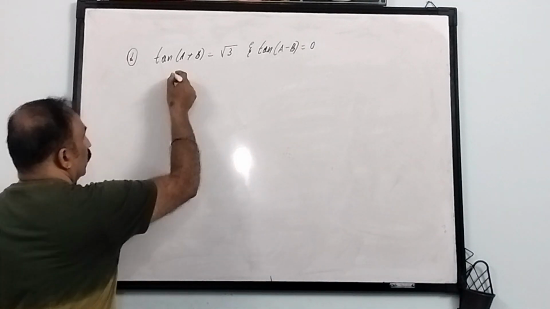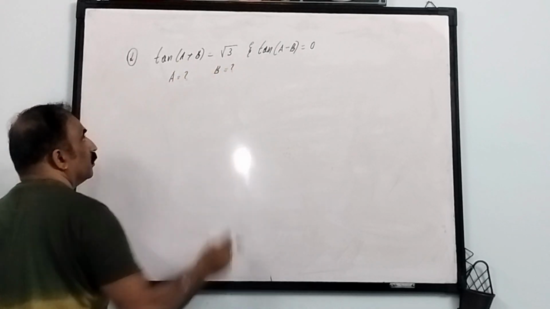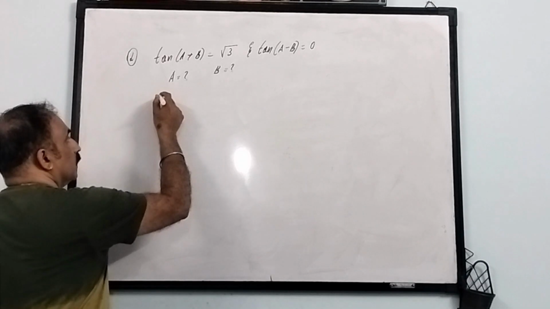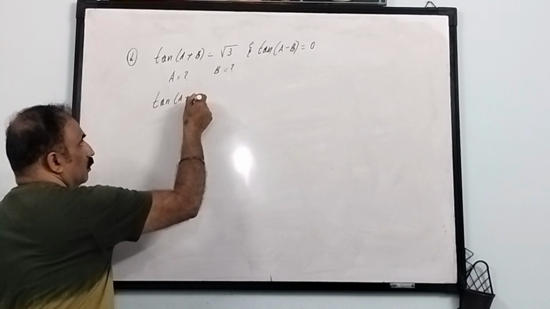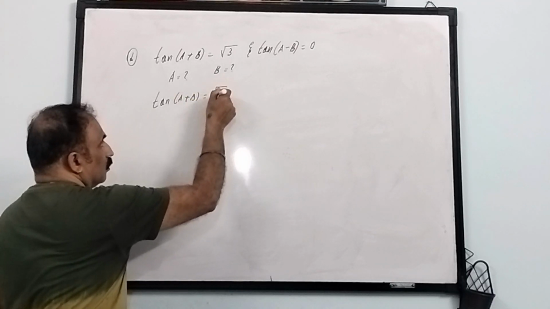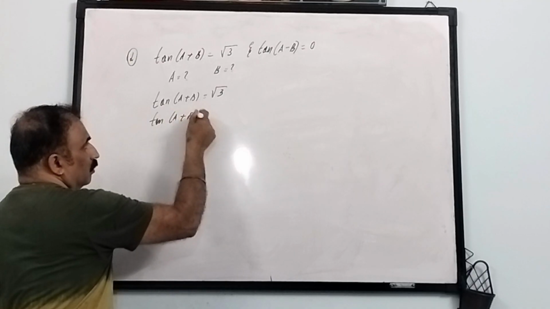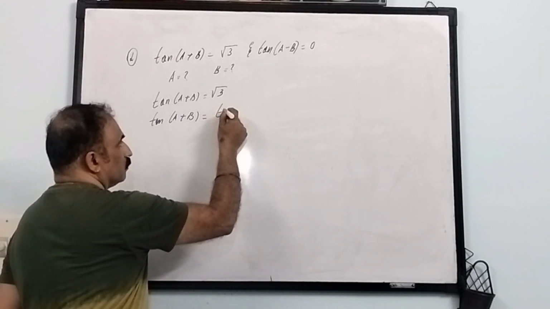So to find A and B, A equals question mark and B is equal to question mark. Same way, equating tan on both sides. Tan of A plus B is equal to root 3. Root 3 is going to be tan 60 degrees.